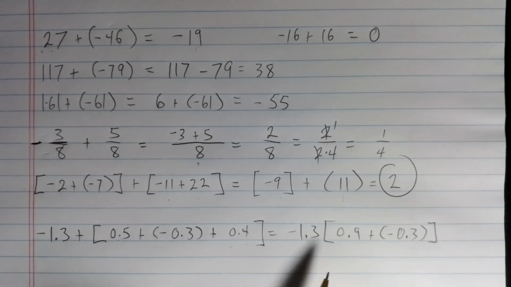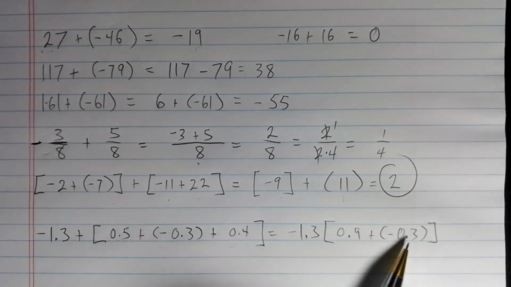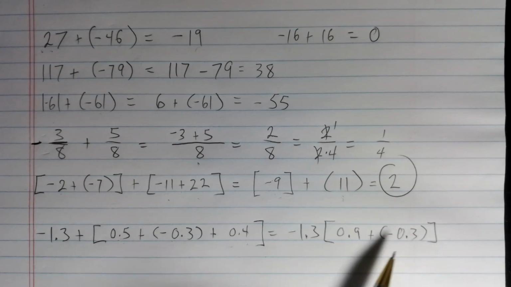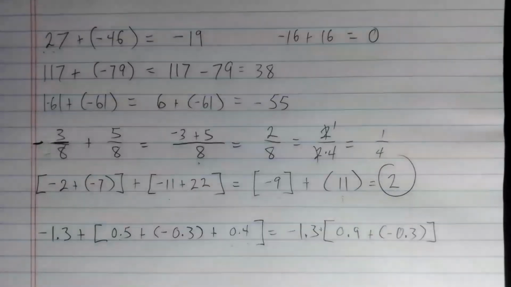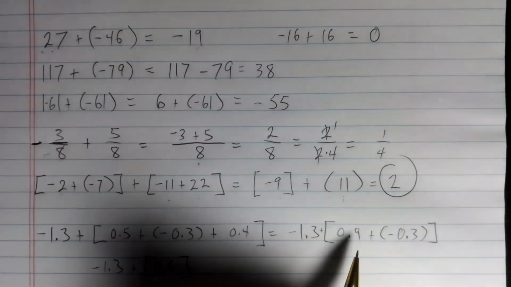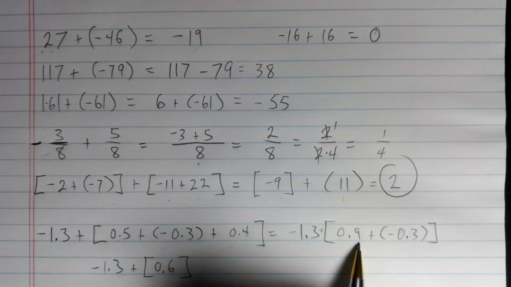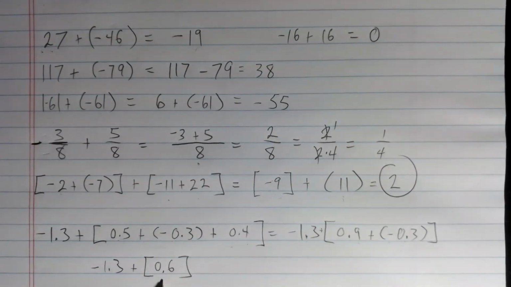What I end up getting is a 0.9 plus a -0.3. So I'm going to do what's inside here first and then finish with my, oops, I forgot a plus sign. And if I go 0.9 in the positive direction and 0.3 in the negative direction, I get 0.6.